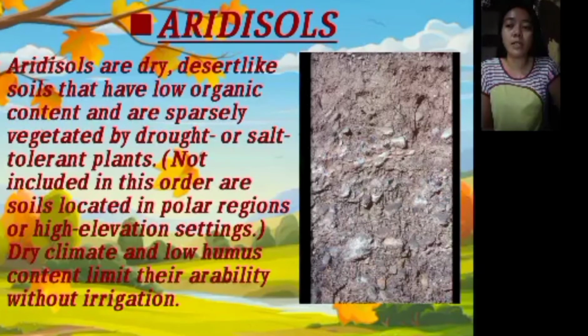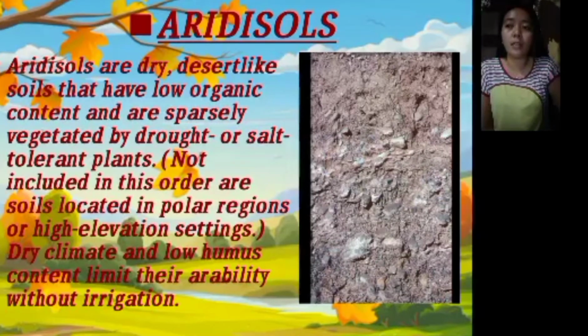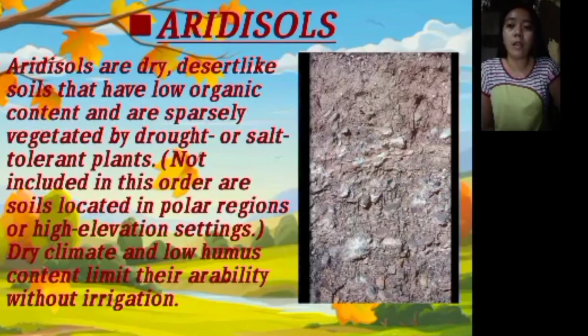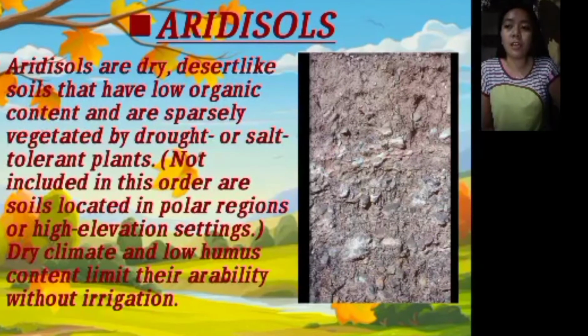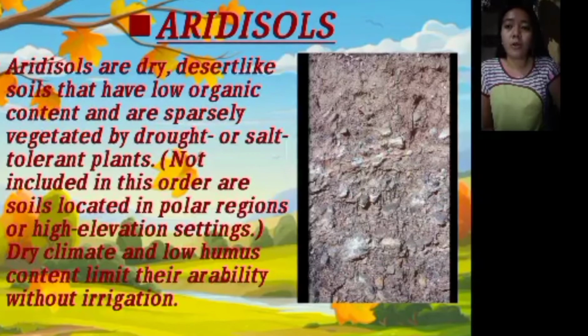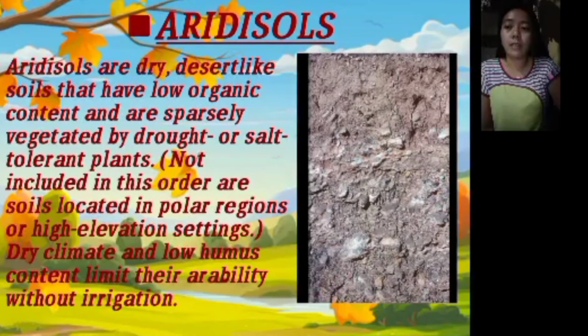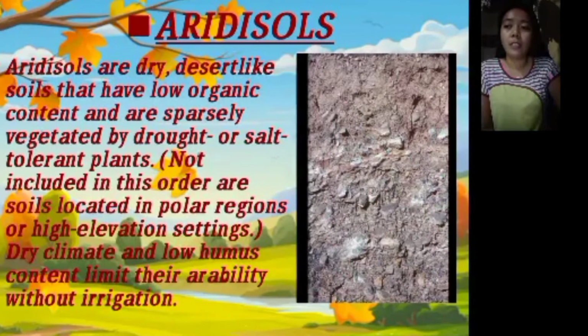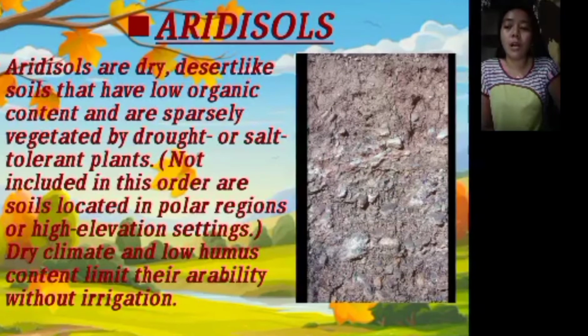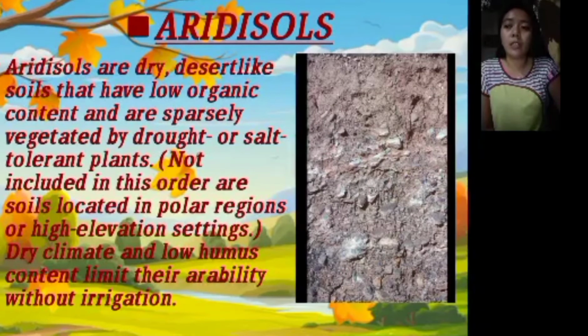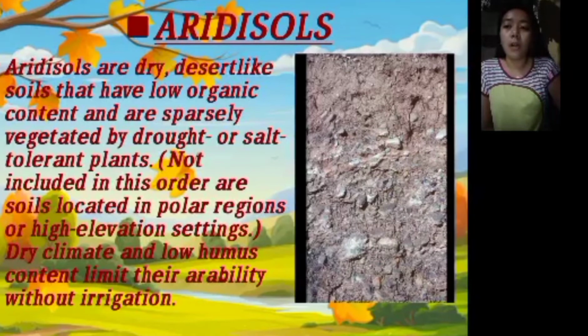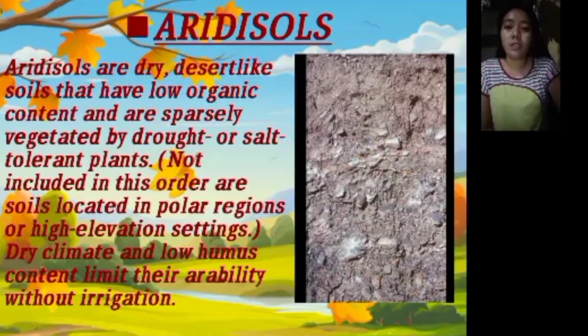Aridisols are dry, desert-like soils that have low organic content and are sparsely vegetated by drought or salt-tolerant plants. Not included in this order are soils located in polar regions or high elevation settings.